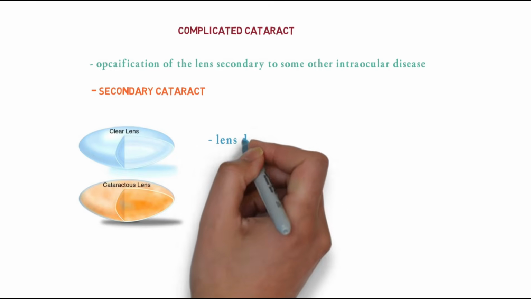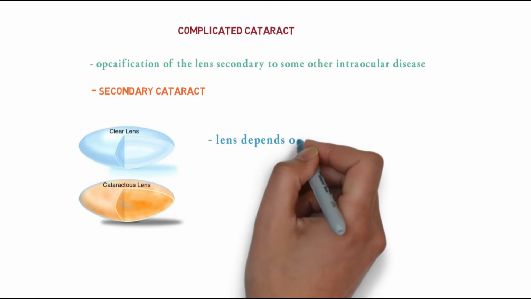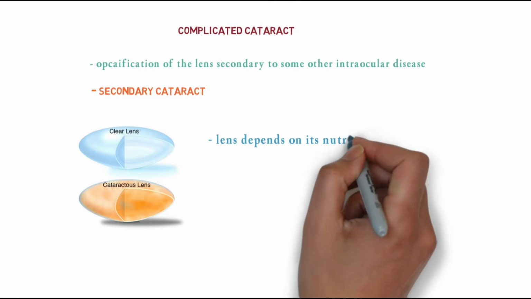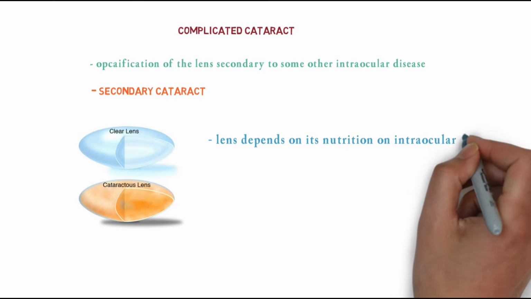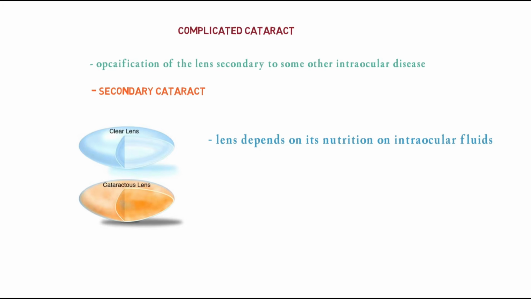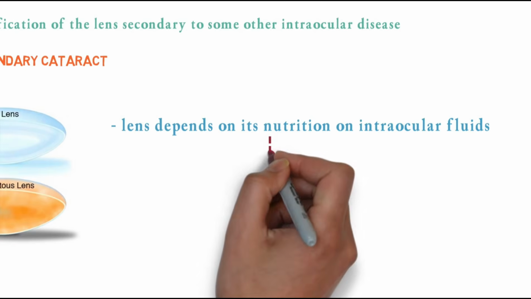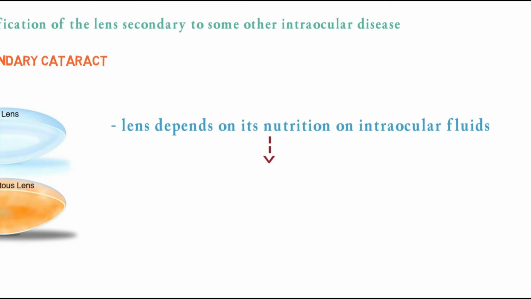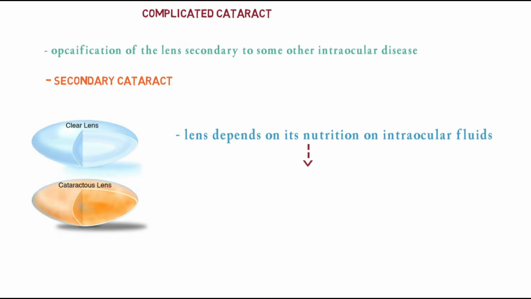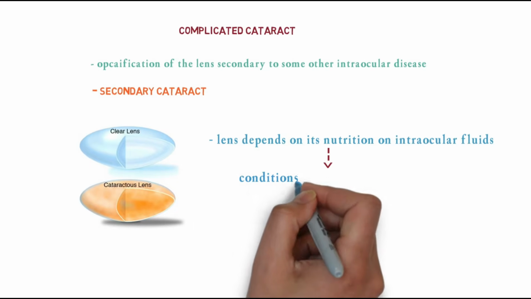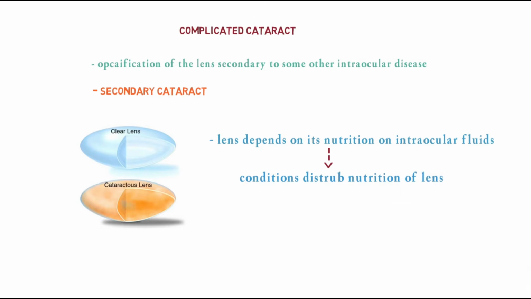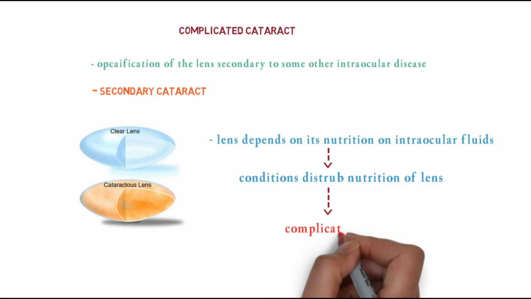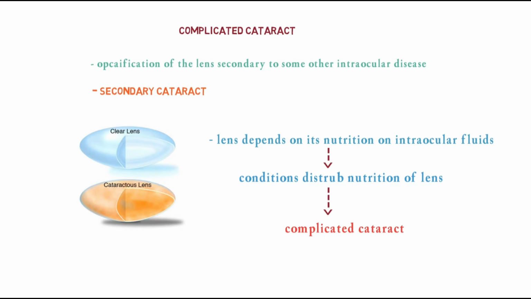Now we know that the lens depends for its nutrition on intraocular fluids like aqueous humor and vitreous humor. So if there is a disturbance of the nutrition of the lens due to inflammatory or degenerative diseases of other parts of the eye, such as iridocyclitis, ciliary body tumors, myopia, or anterior segment ischemia, then it may cause secondary cataract, that is complicated cataract.